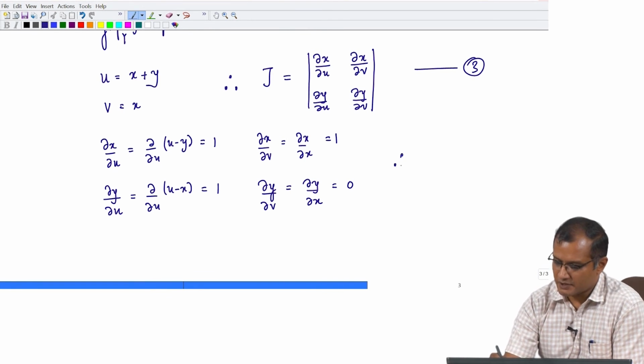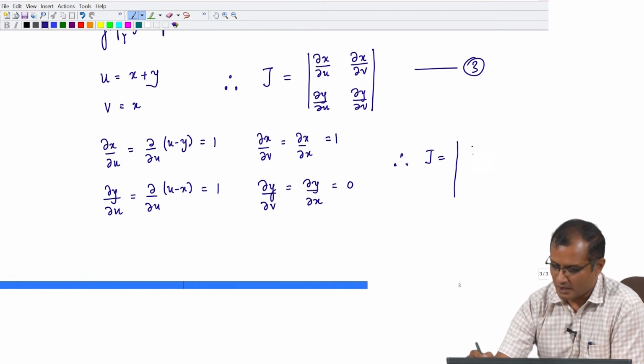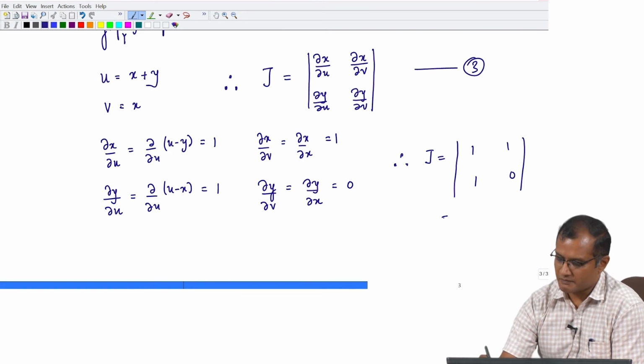So, therefore, our Jacobian becomes 1, 1, 1, 0. So, the Jacobian becomes minus 1.